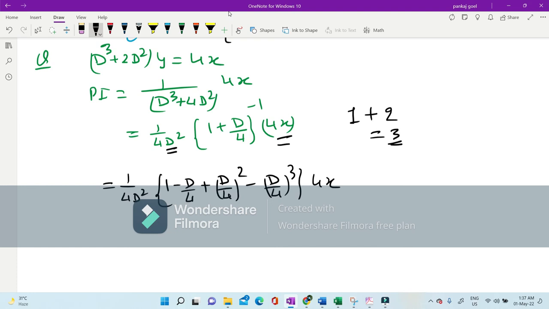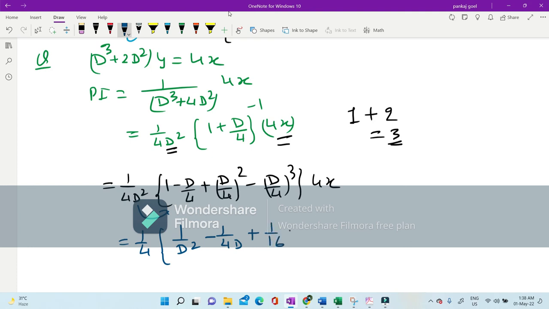First we apply the 4D square, that means D square. You first apply it in the bracket with the 1 upon 4. So we get 1 upon D square minus 1 upon 4D plus 1 upon 16.